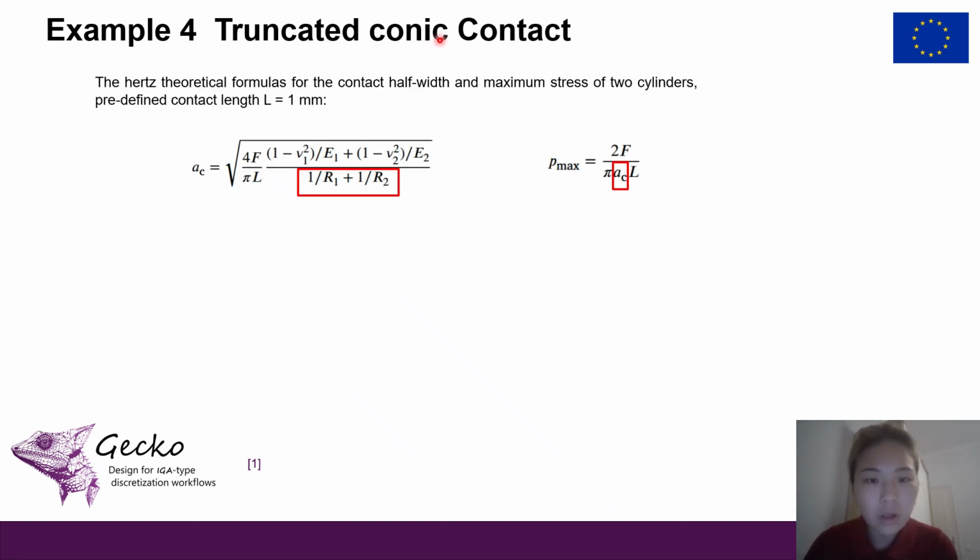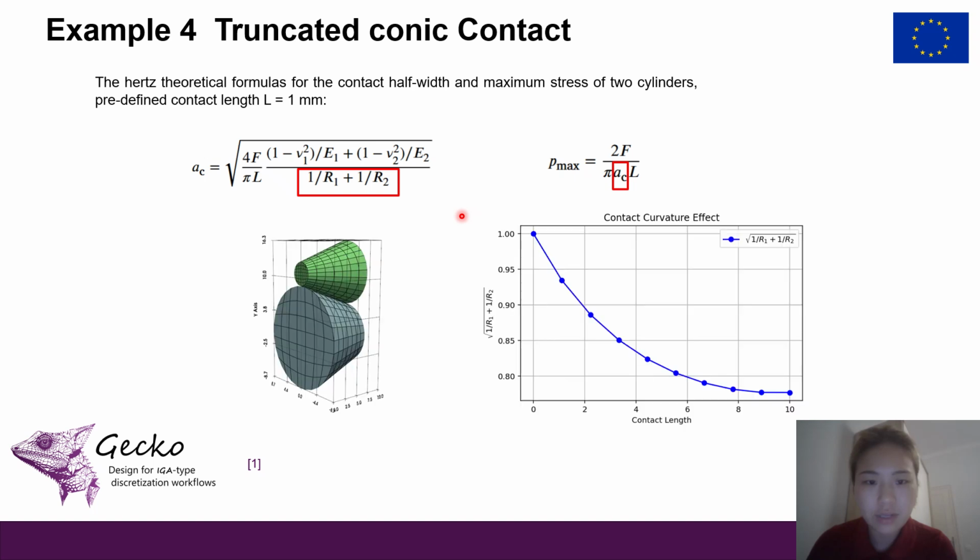Here, along the length of the contact surface, the curvature of the surface changes. According to Hertz theory, the contact half-width is inversely proportional to the square root of the sum of surface curvatures, and at the same time, the maximum contact pressure is inversely proportional to the contact half-width.